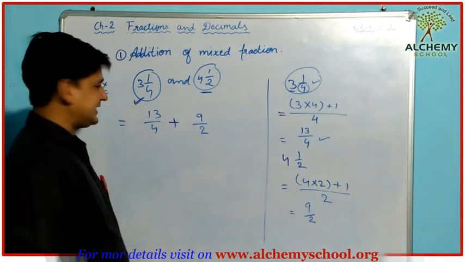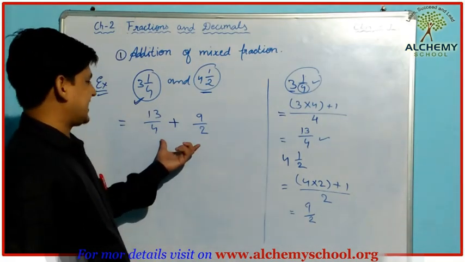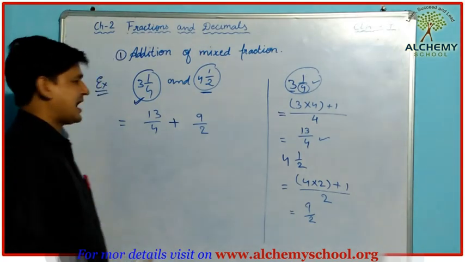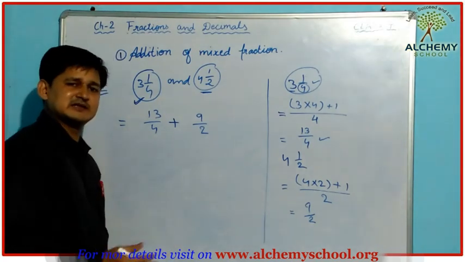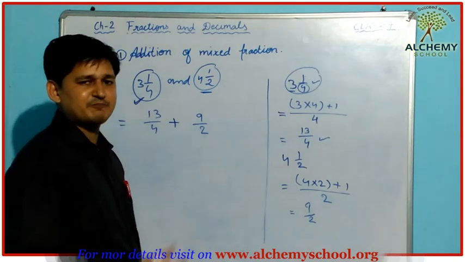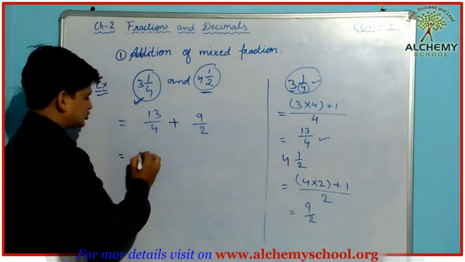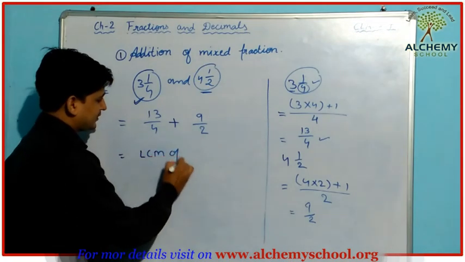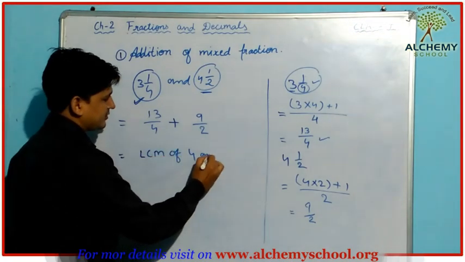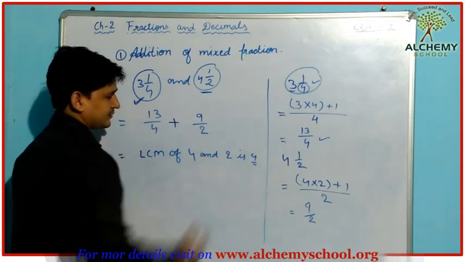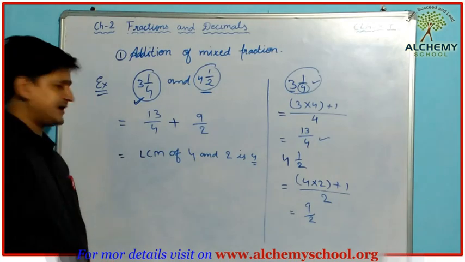Now we have changed the fractions into improper form and we have to apply the same procedure that we already discussed in our previous class. We have to find the LCM of 4 and 2. LCM of 4 and 2 is 4.